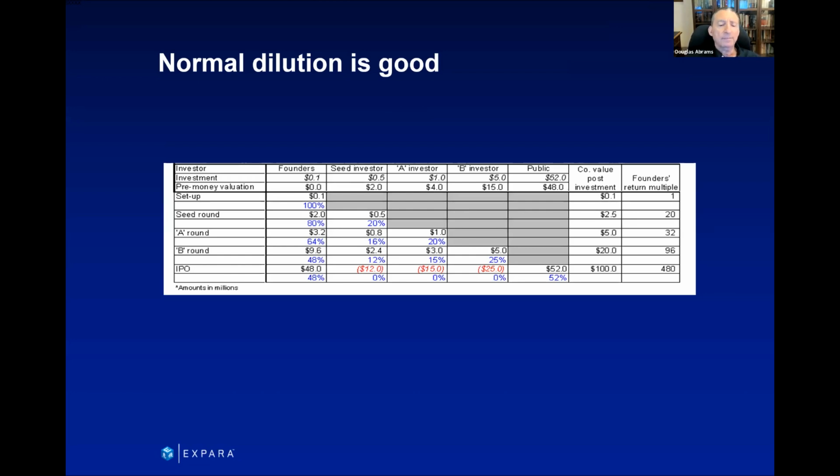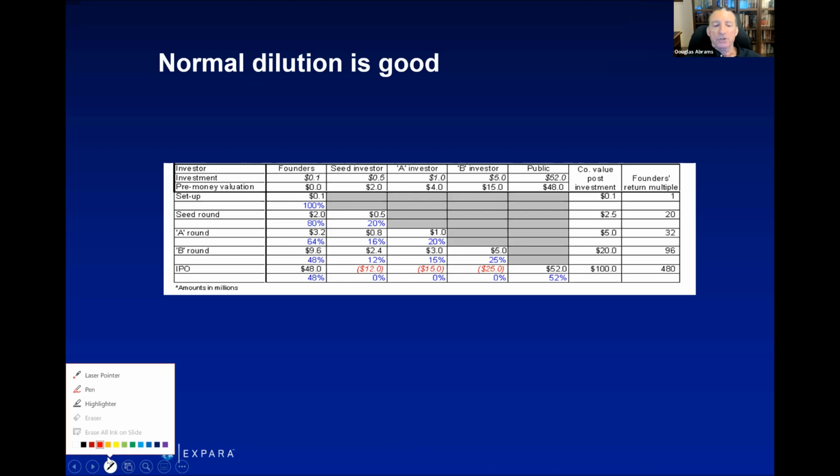And we can see how it works in this example. So starting from here, the founders invest $100,000 in their business. The pre-money valuation was 0 because there was no company. Therefore, the post-money valuation was 100,000, and the founders had 100% of that. In the next round, the first round, the seed investor invests $500,000 at a pre-money valuation of $2 million, which makes the post-money valuation 2.5 million.